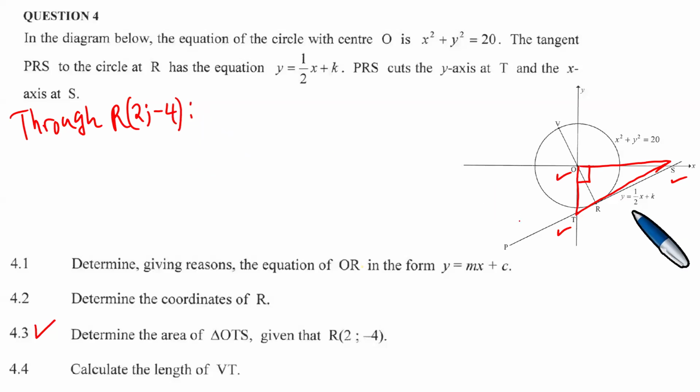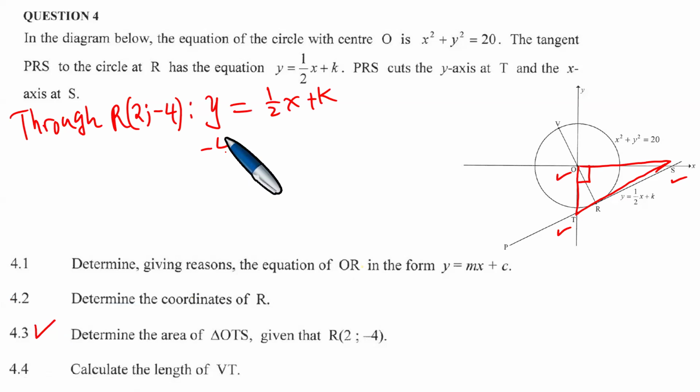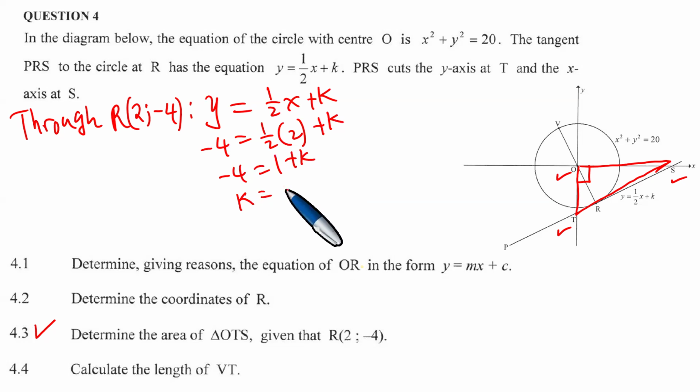Through the point R, we have the equation, which is 1/2 x plus k, which means that -4 equals 1/2 times 2 plus k, -4 equals 1 plus k, k equals -5.